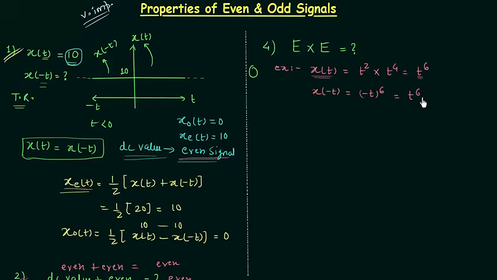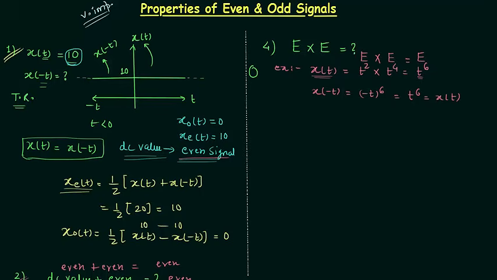Whenever we have an even power, the signal is going to be even. So t raised to power 2 is also an even signal, t raised to power 4 is also an even signal, and when they are multiplied, the result is also an even signal.